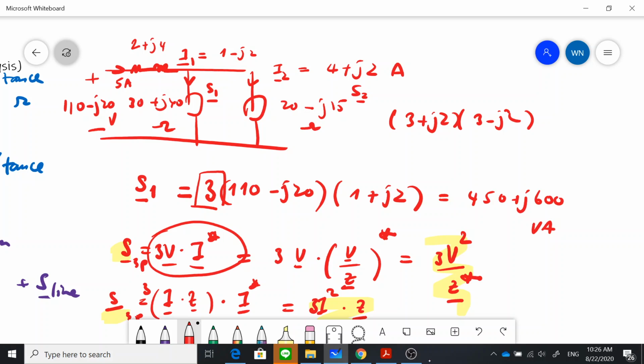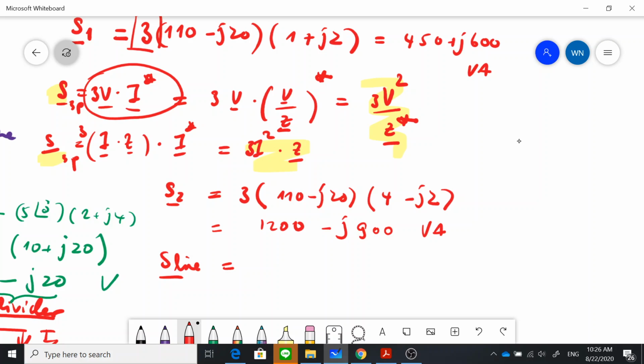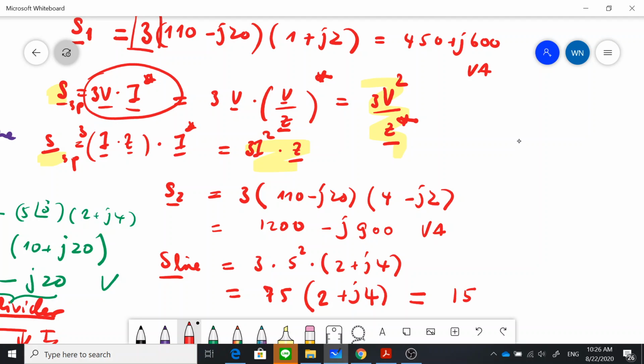So now you can use this formula, 3 times I squared Z. So 3 times 5 squared times Z, that is 2 plus J4. 25 times 3 is 75, times 2 plus J4. 75 times 2 is 150, plus J300 VA.